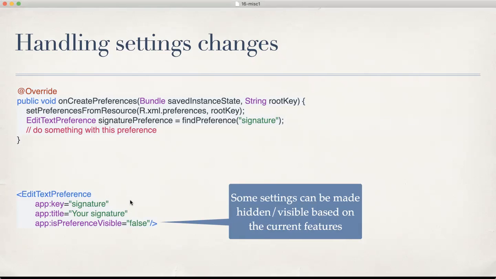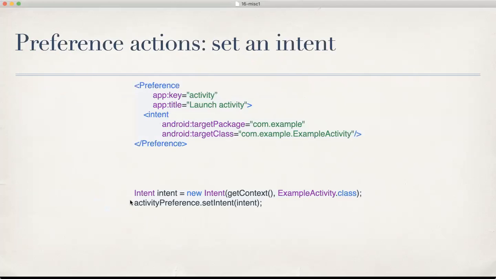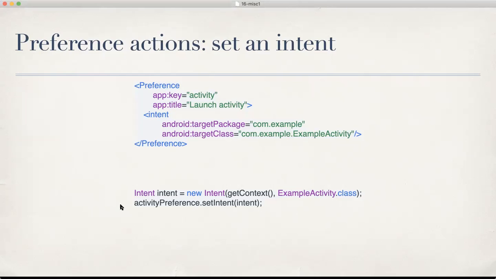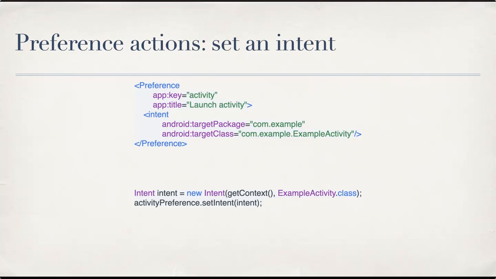Okay, handling the preference actions. One, you can handle intents through the Java code like it shows here, by setting the activity preference setIntent, or in the XML itself by providing the intent action here. So let's say one of the preferences wants you to go to some other activity, make some changes there, and come back here.